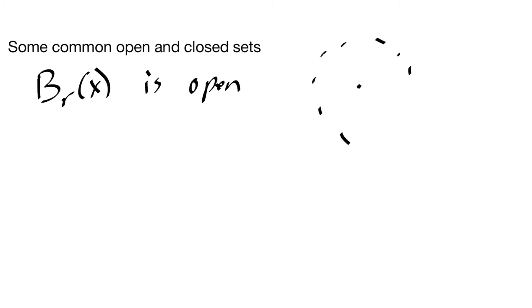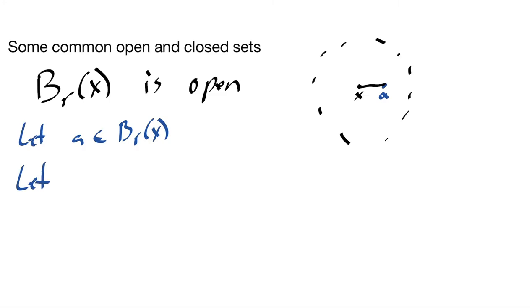Well, let's pick some point inside the ball of radius r about X. Let's call that point A, so I'll let A be an element of the ball of radius r about X. Then I can make an open set around A because I know that A has some distance to X. We'll let D be the distance between X and A.